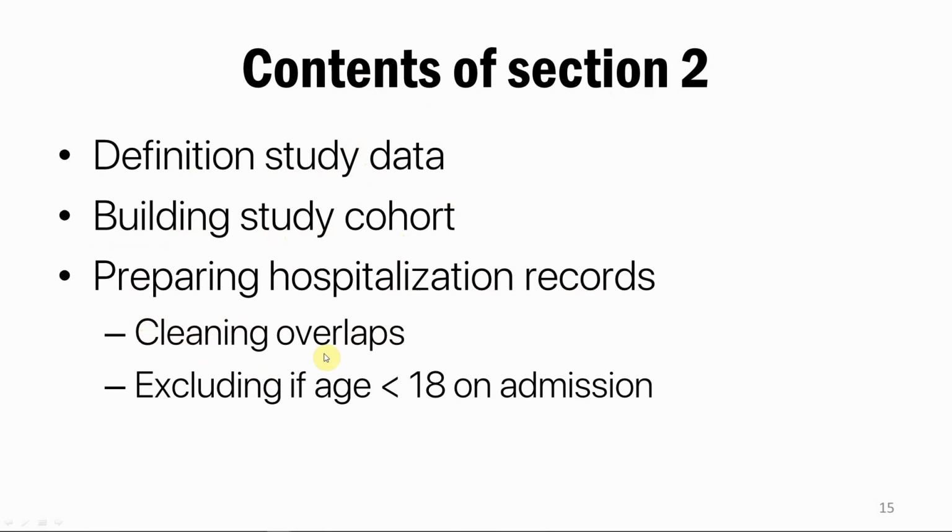Maybe this part will be covered in the next tutorial. But we are going to apply this criterion to exclude hospitalizations if the patient is below 18 years old on admission.